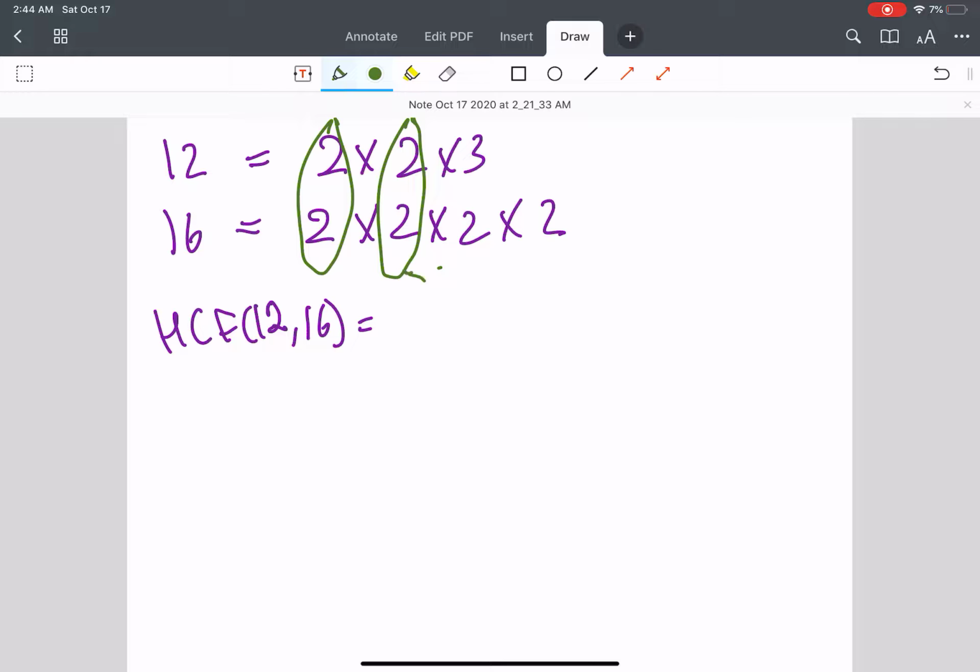So the HCF is equal to 2 times 2, which is equal to 4. Here's what I found. Oh, okay, so Google Assistant found the HCF. Very good. Okay, we are done. Let's have another harder example.